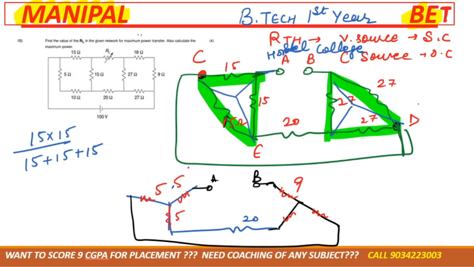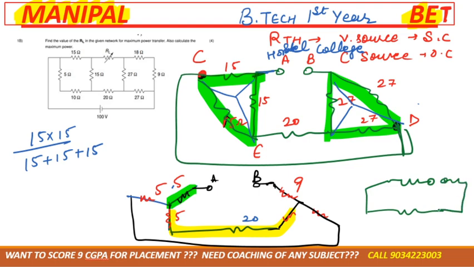After this, as you can see, this 5, 20, and this 9 are in series, right? So it will become a single resistance. After that, now see, this resistance and this resistance are in series.